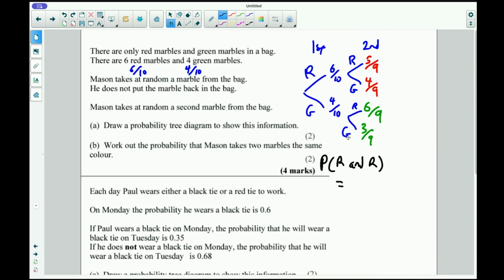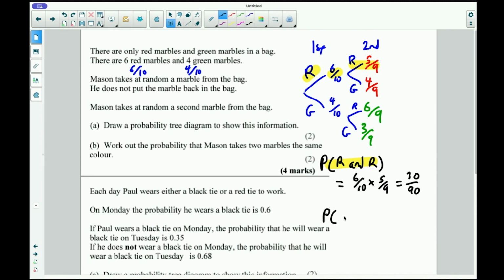So we look at red and then red, which means we're looking at 6 over 10 times 5 over 9, which gives us 30 over 90. I'm not going to simplify that just yet, because we're going to end up with a denominator of 90 anyways in the second possibility.